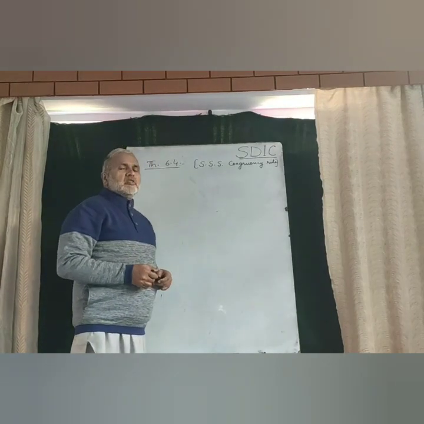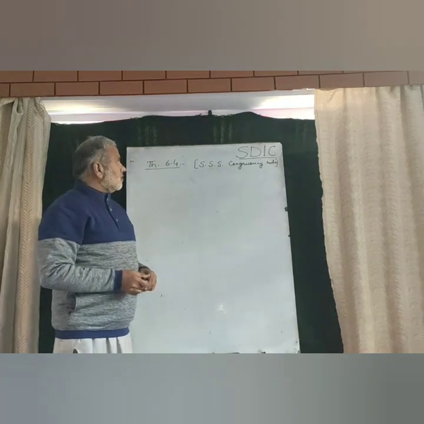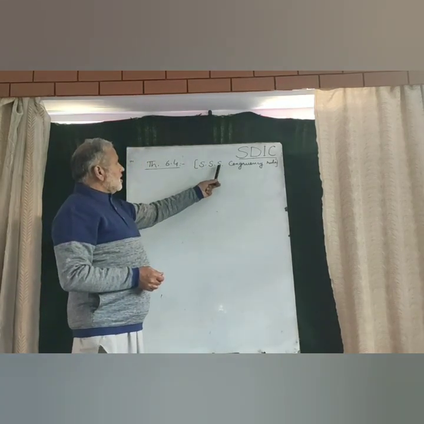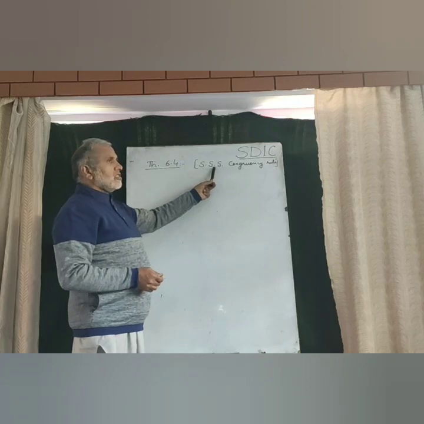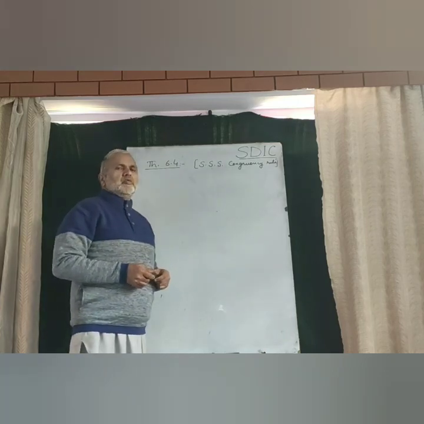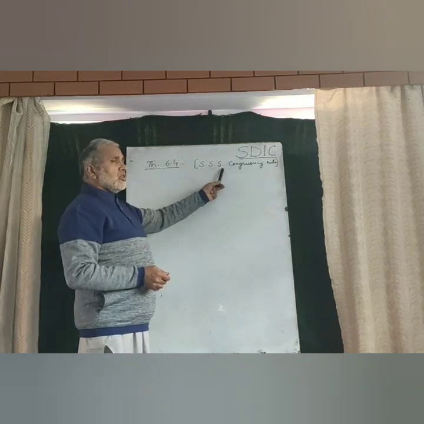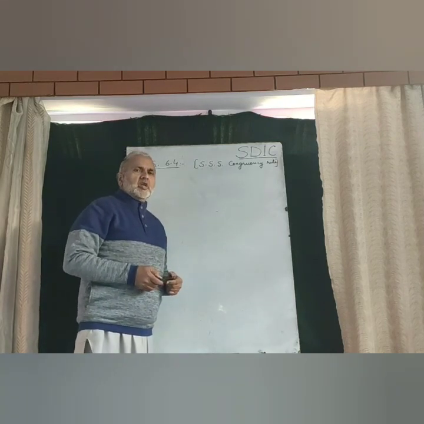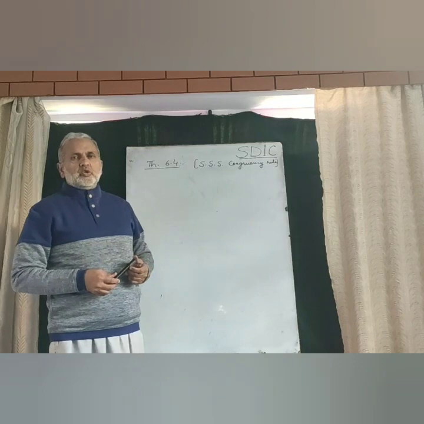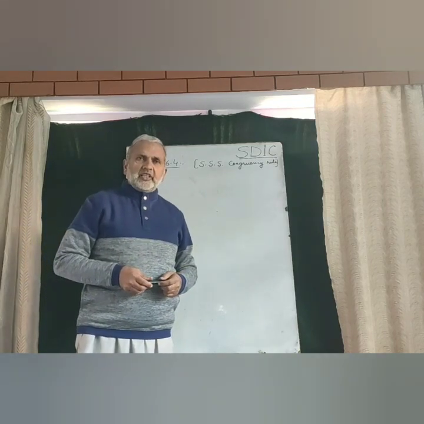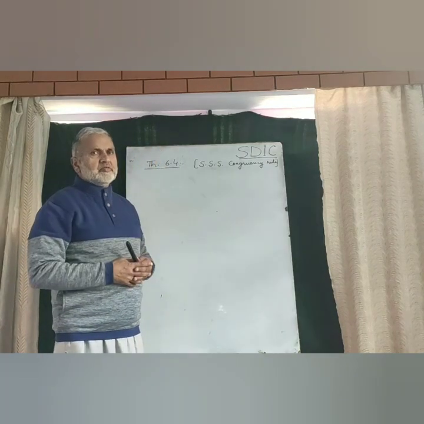This theorem states that if all the three sides, because we have S written thrice, S represents side, means if all the three sides of one triangle are equal in length to the corresponding sides of another triangle. There are two triangles.